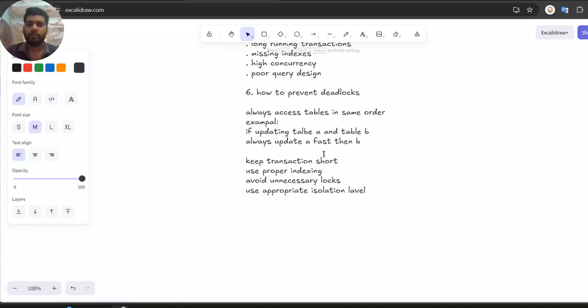Okay, so let's take some important concepts. Locking.